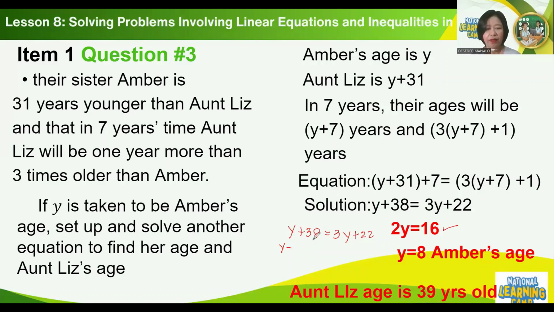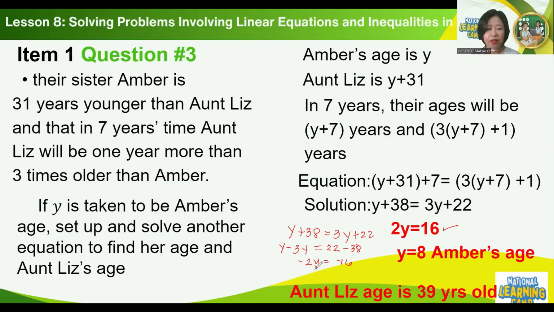So plus or minus 3y equals, bring down 22, then minus 38. So we will have y minus 3y is negative 2y equals 22 minus 38, which is negative 16.